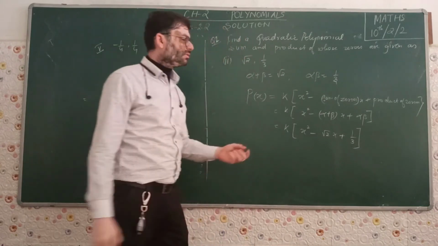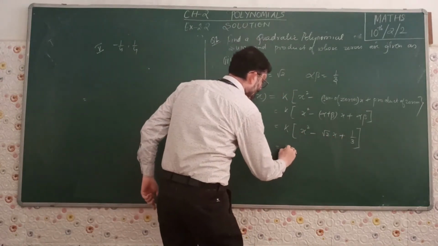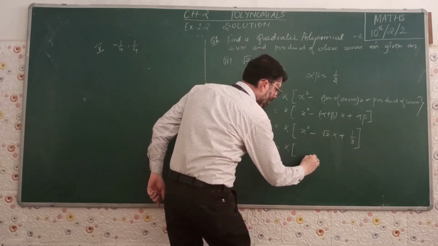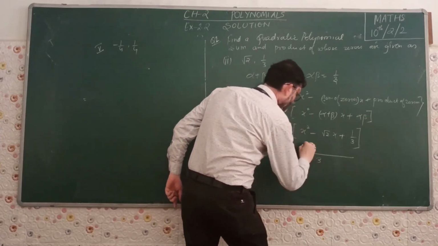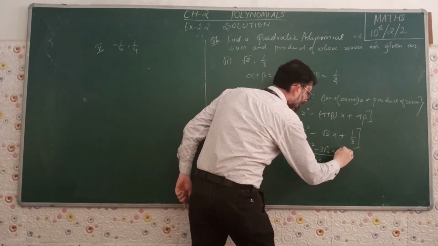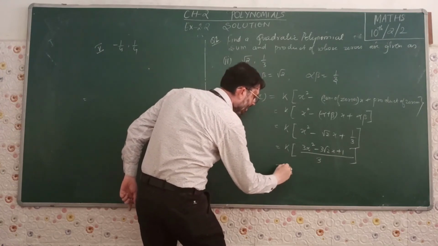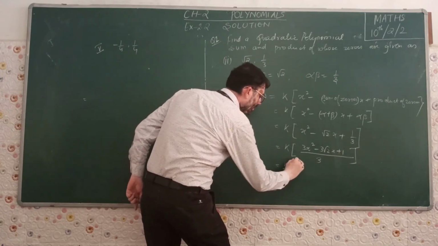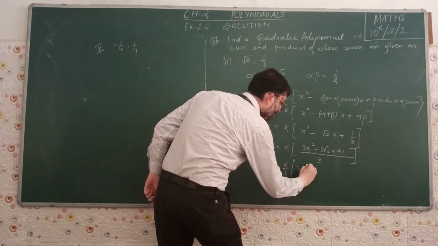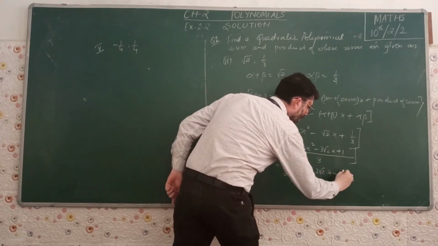Trying to convert it to standard form, let us take the LCM here and we can solve. This can be written as 3x square minus 3 root 2 x plus 1. If we move this 3 outside, this is k by 3 and this is 3x square minus 3 root 2 x plus 1.